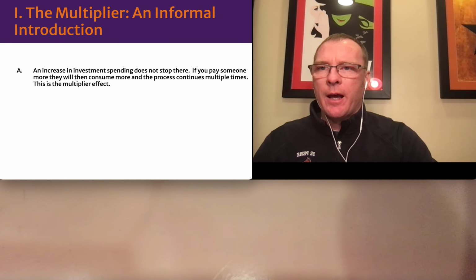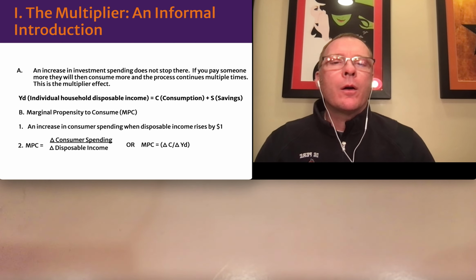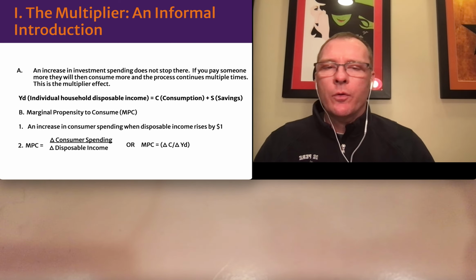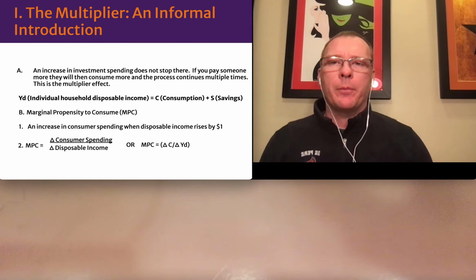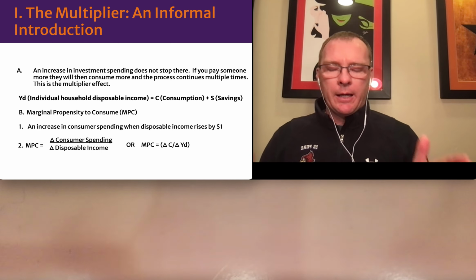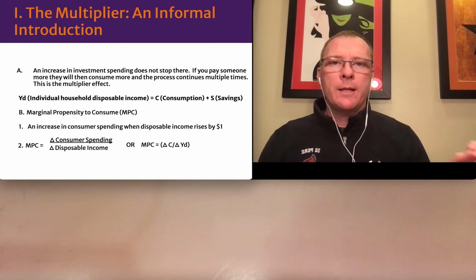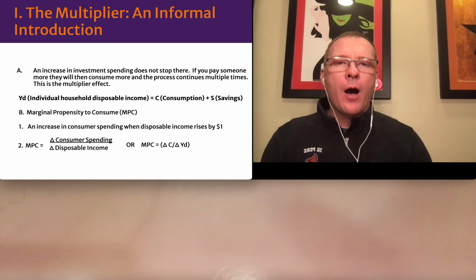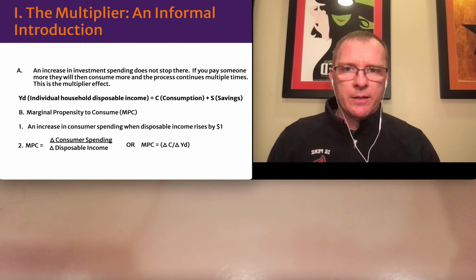As we start looking at what happens when you save and spend, we're going to look at what's called the multiplier. When you think about consumption or investment spending, if you see an increase in your income, we can take some numbers and calculate how much of that income you're going to spend versus how much of that new income you're going to save.